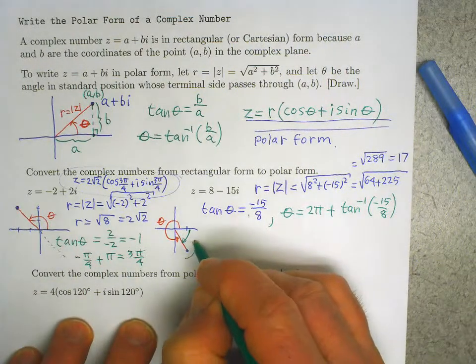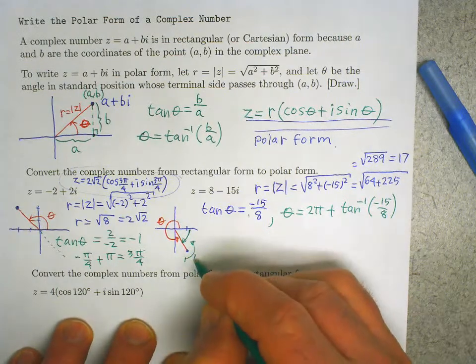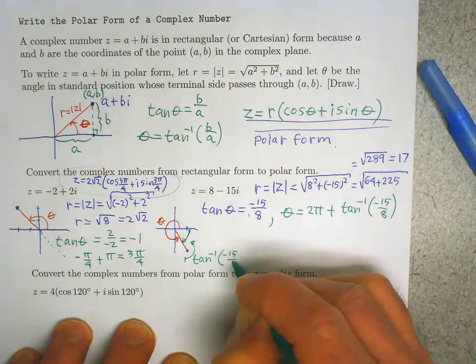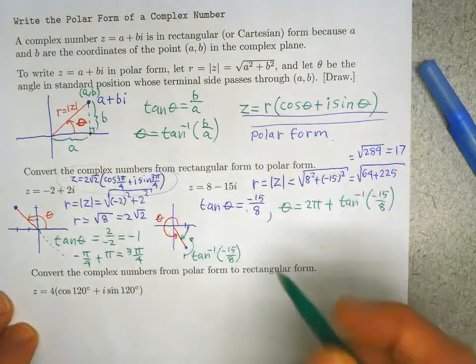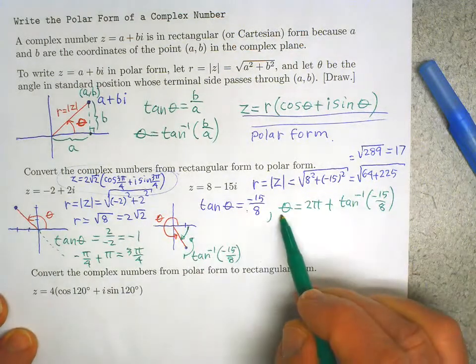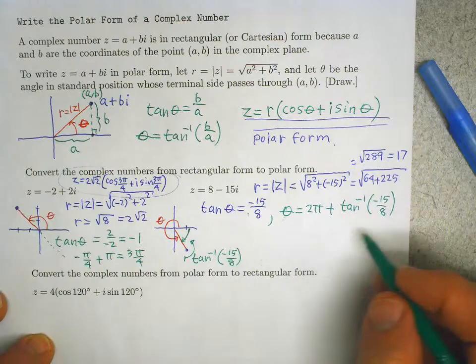So just to reiterate, this angle right here is the inverse tangent of negative 15 over 8. We're going to add 2 pi to it to make the angle theta be between 0 and 2 pi.